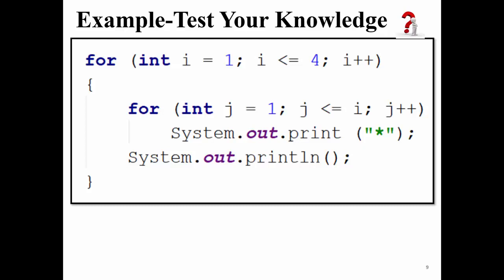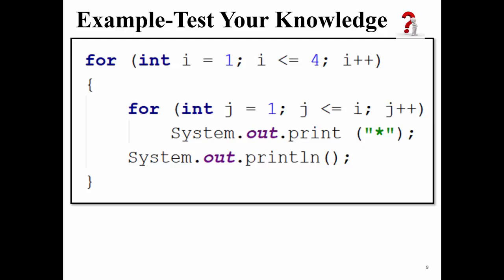Initialize j to 1 and make sure j is always less than or equal to i. Note that i is not declared inside the inner loop; it's declared in the outer loop, and that's the scope of the variable. So we can still use i, because i is already defined in the outer loop as int i equals 1. Now you can use j less than or equal to i, and j++ to increment j.